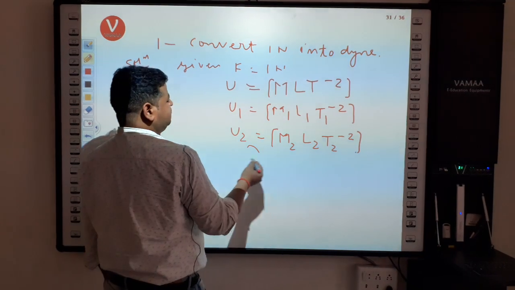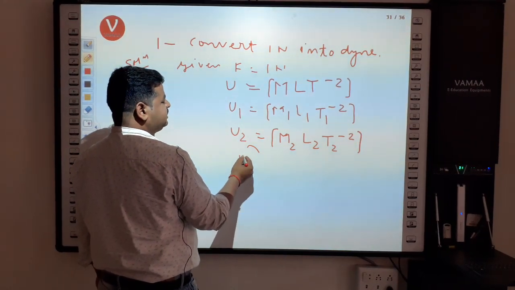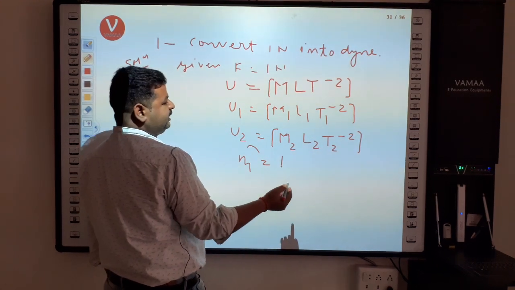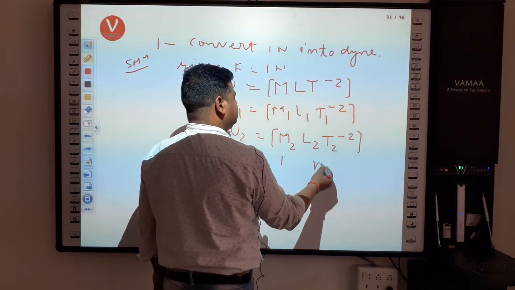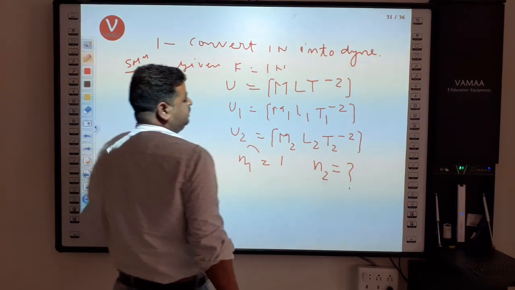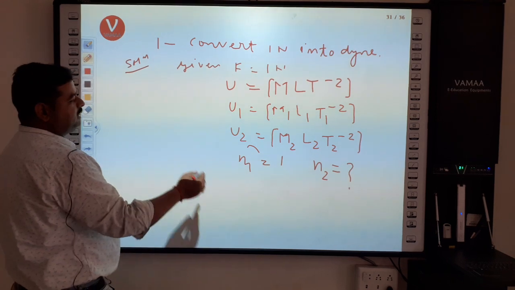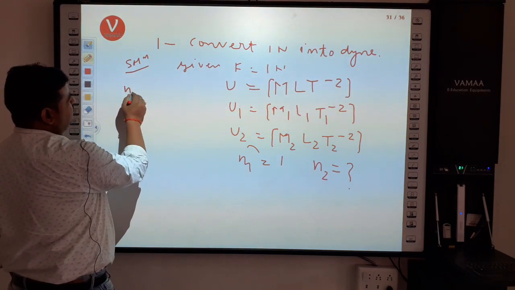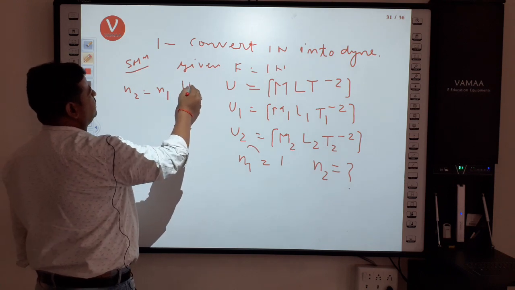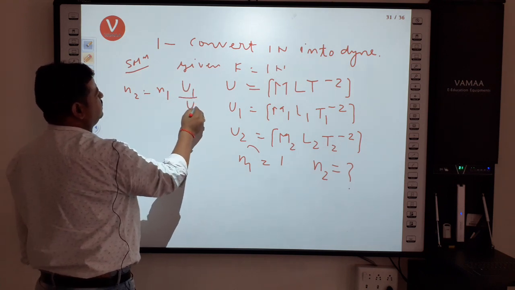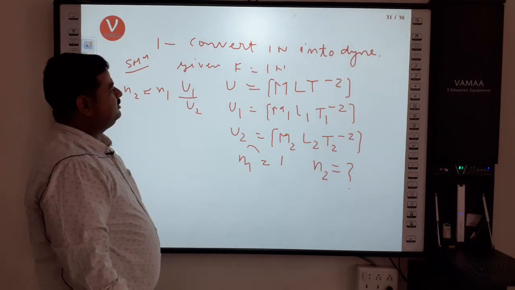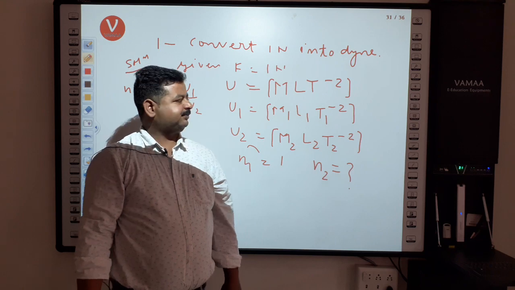Here the numerical value in the first system is given, that is N1 is equal to 1, and we find out the numerical value in the second system. Here we use the formula N2 is equal to N1 U1 upon U2. This is the general formula by which we calculate the numerical value in the second system.